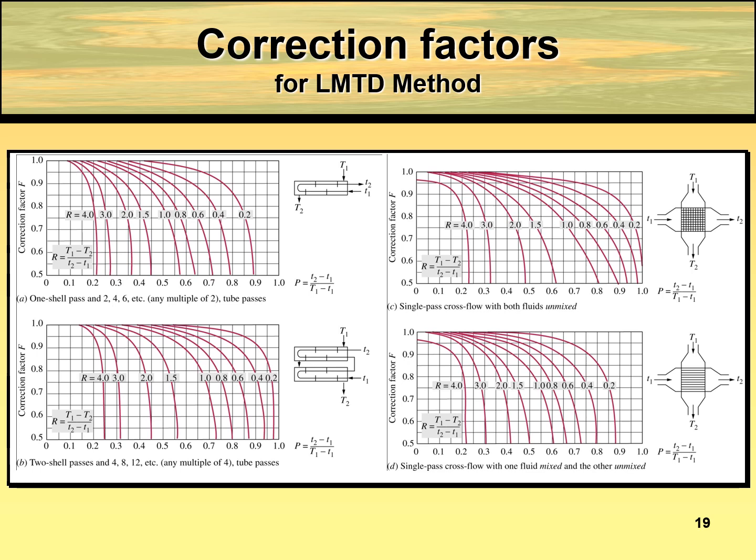The capital T is referring to this one, and this is for the small t. This is for the single shell, one shell pass, which can be applied for 2, 4, and 6 multi tube passes. And this is the 2 shell. This is cross flow with both fluids unmixed, and this is cross flow with mixing.